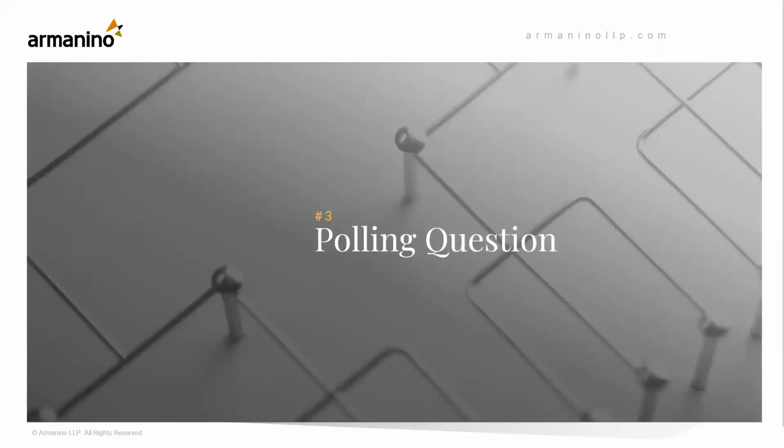And we have another polling question. What field was added to the payment provider tab to help when specific fields of vendor information do not match between CSI and Intacct? If you've already read the release notes, you might know the answer to this.